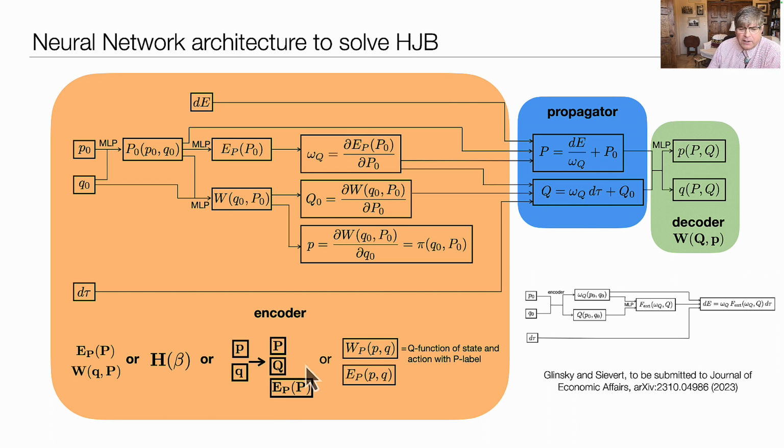Another way of looking at this is that you have this function capital W, or Hamilton's characteristic function, as a function of little p and q labeled according to capital P. And also you have the function E of little p's and q's labeled according to capital P, where the first one is the Q function of deep Q, of David Silver's deep Q learning.